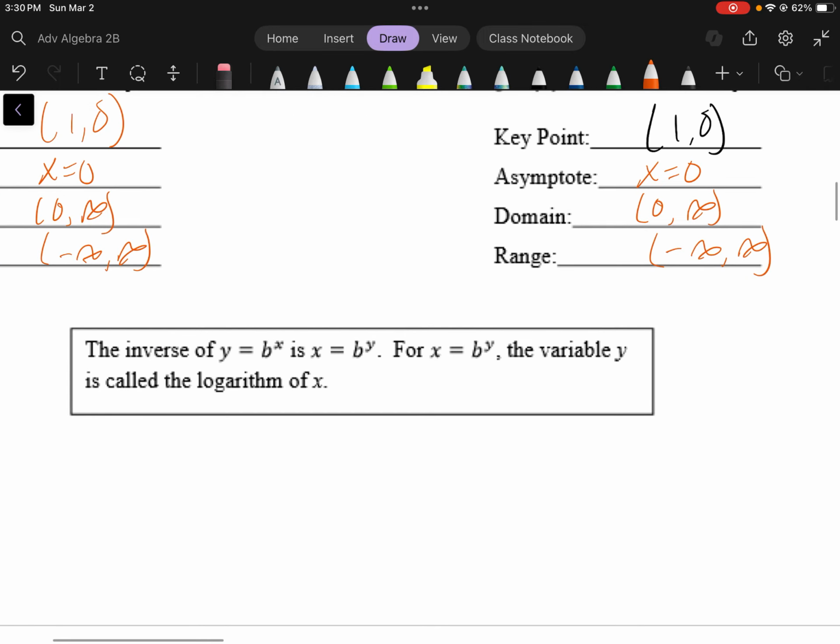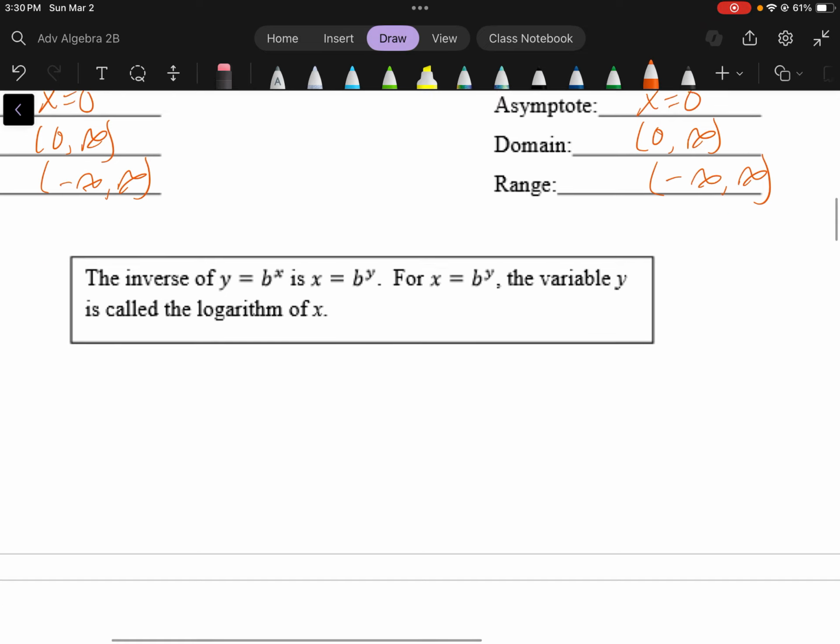Okay, so the inverse of y equals b to the x is x equals b to the y, switching your x and y. And so for x equals b to the y, the variable y is called the logarithm of x.